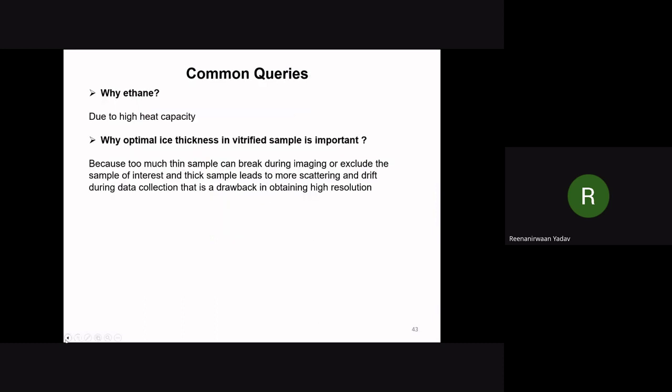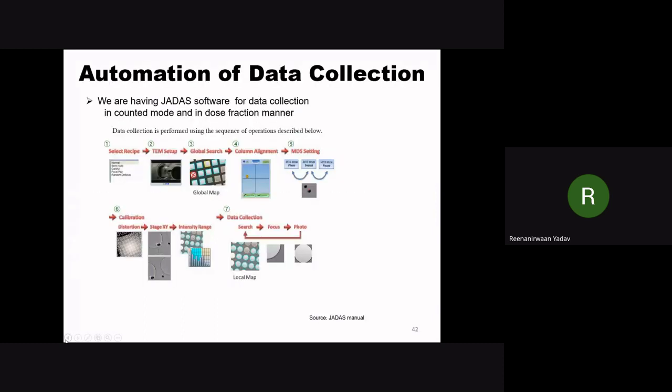The first step in this automated data collection software is that we select our area with the optimal ice thickness and particle distribution. Then we select our recipe. Recipe generally means a protocol, which defines at what magnification we want to collect our data, how many frames we are going to collect, at what defocus value, and other things.